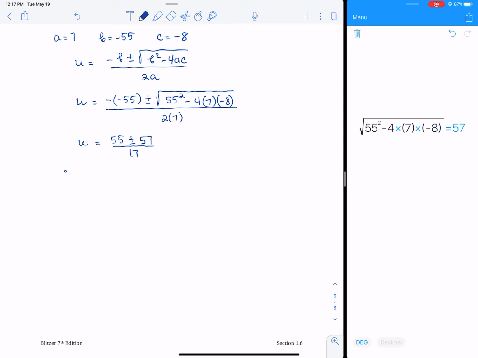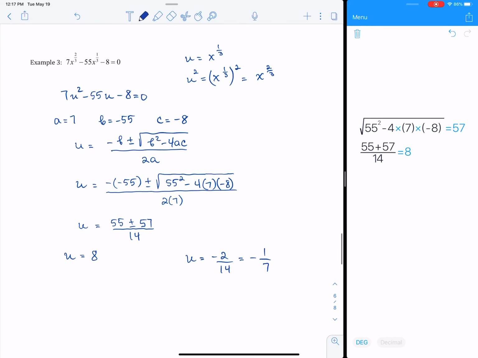So I end up having solutions. U is equal to 55 plus 57 divided by 14. And my first solution is going to be 8. And the second solution would be 55 minus 57, which is negative 2, divided by 14. And this simplifies to negative 1 over 7. But what this meant for my problem was that u is equal to those numbers.